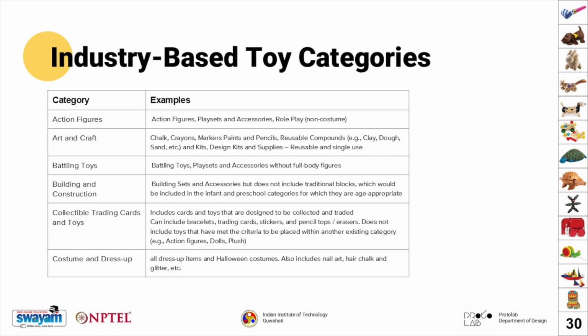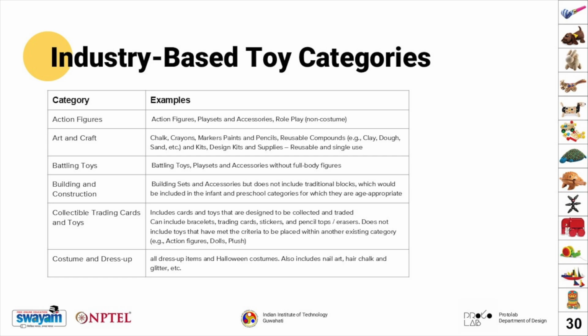Battling toys are a niche category: spinning, striking, or arena style toys without full body figures. Construction toys include building sets with connectors or systems, while traditional blocks fall into preschool categories.